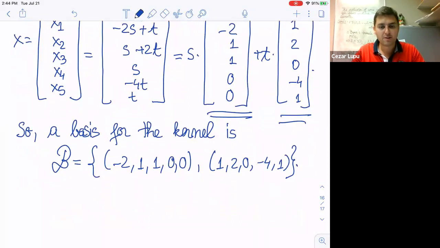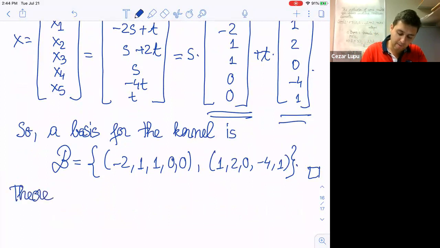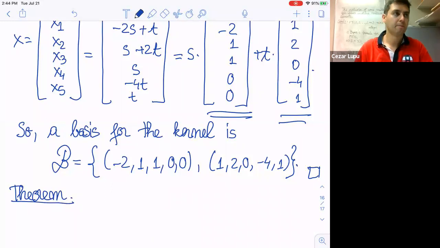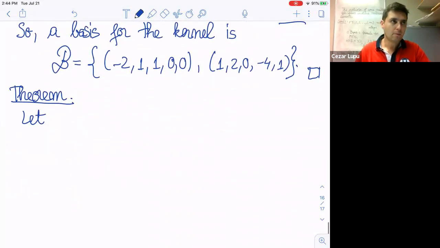So this is a basis for the kernel. And now I want to stress the following fact, which is given by the following theorem. Let T be a linear transformation from Rn to Rm.